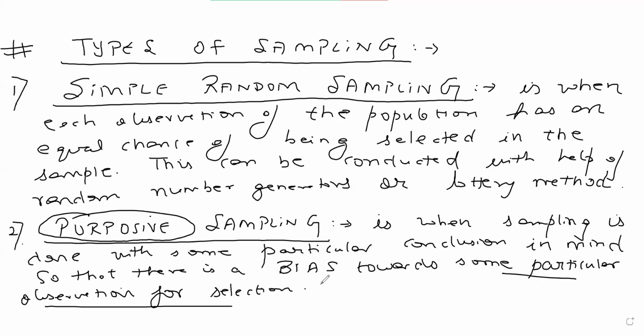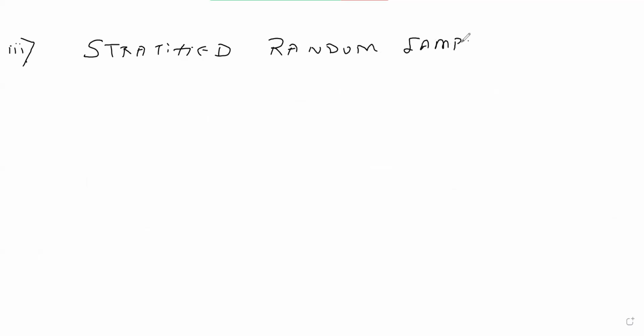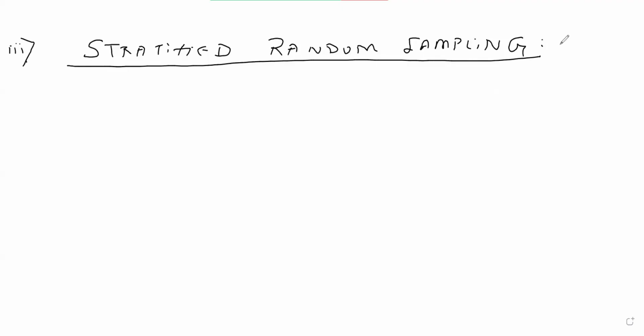The last kind of sampling is stratified random sampling. This is also an important method, and it is also widely used. Now, stratified random sampling is basically recommended when your population is quite heterogeneous. Heterogeneous means it has too many variations within it.